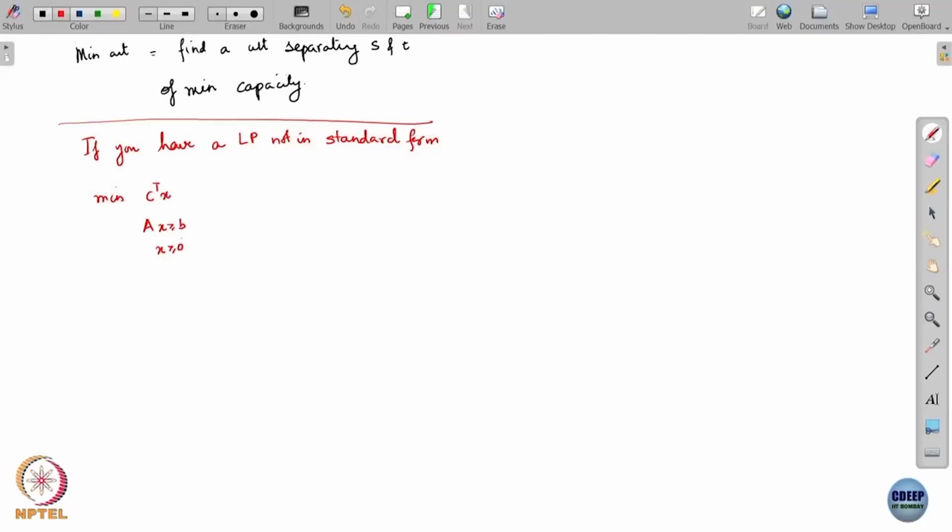So, this primal will also have a dual. Now, its dual will not take the same form as the standard form dual.